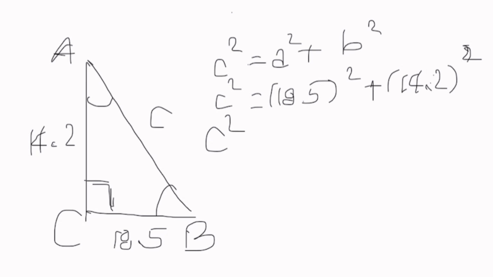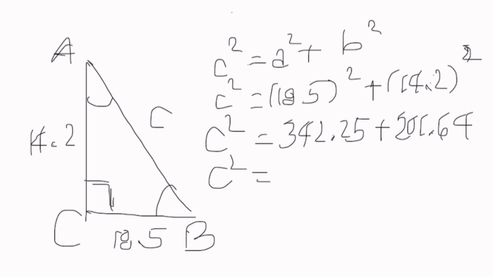So C squared equals 18.5 squared, 18.5 times 18.5, that will be 342.25, plus 14.2 squared, that will be 201.64.